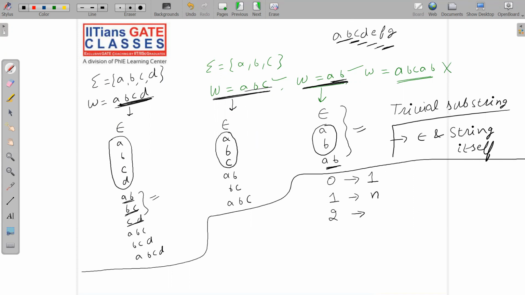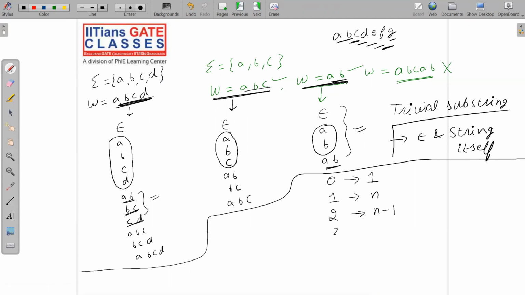A will make a pair with B, B with C, C with D, D with E, E with F, F with G. What about G? G cannot make a pair because we do not have any extra symbol after G. So one symbol will be left. So directly and indirectly, I will say n minus 1. If the string is of length n, then n minus 1 will be the number of substrings of length 2, because the last symbol will be left unpaired.